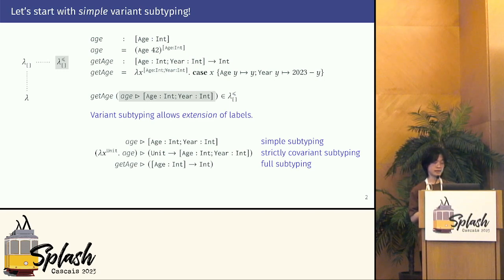Yes, so this is simple subtyping because we only consider the subtyping of variants. And then later we will also consider strictly covariant subtyping, which means you can propagate the subtyping relation through strictly covariant positions, like the result type of a function. And we will also consider full subtyping, which means we can also propagate the relation through contravariant positions, like the parameter type of a function.